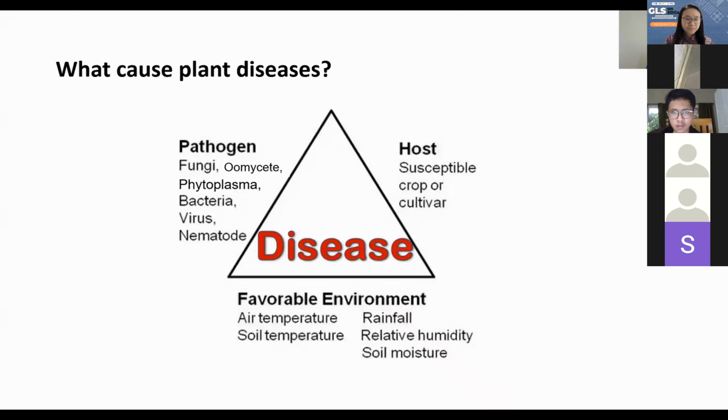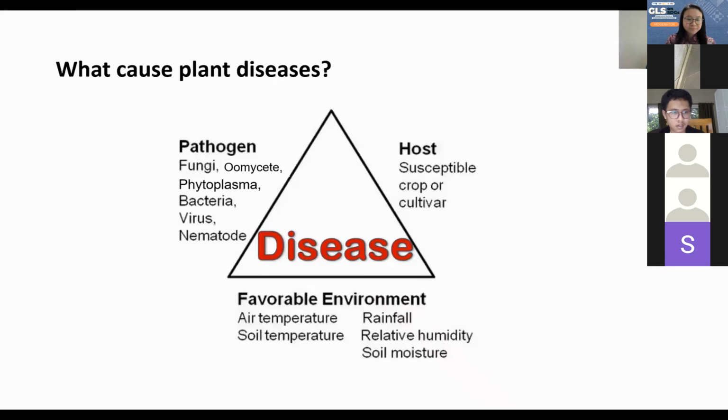Okay, and it's good to remember that within each of these factors or aspects, there are numerous variables that can also influence the magnitude, level, or severity of plant disease.